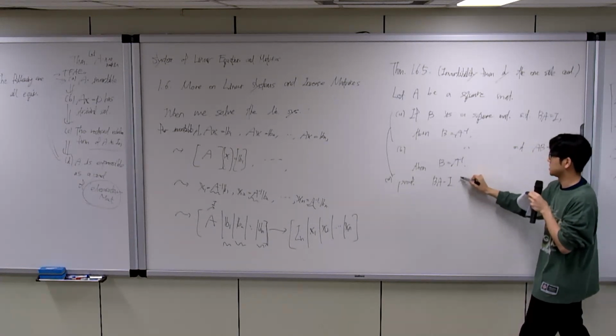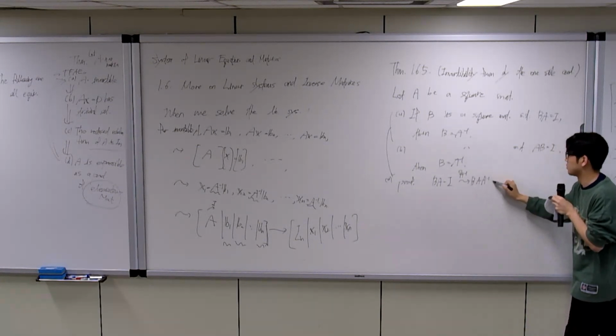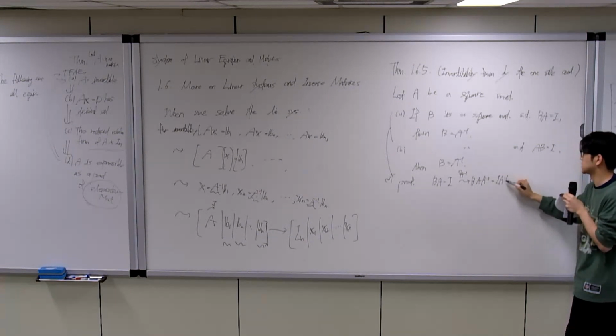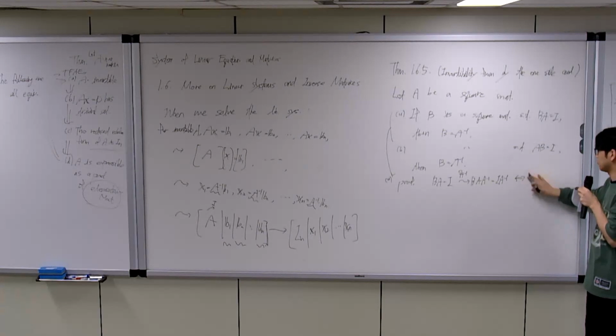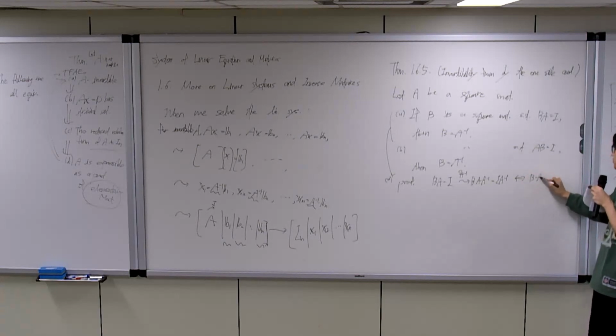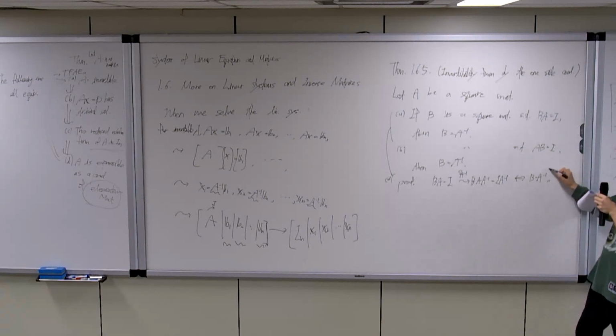If A is invertible, then there is A inverse, and by multiplying A inverse on both sides, it will give the result if A is invertible.